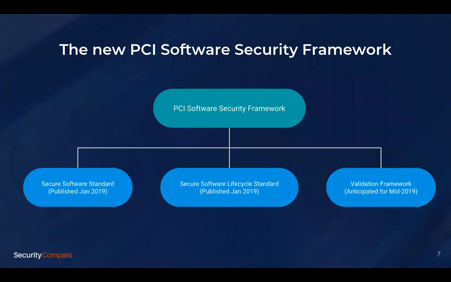PCI, while still assessing specific releases of applications, won't necessarily require you to go through the same process for every release, which thereby enables faster deployments without the need to go through the same level of rigor. But in order to do that, you need to show that you have built security into your development processes, and you have to have the audit evidence to back that up.